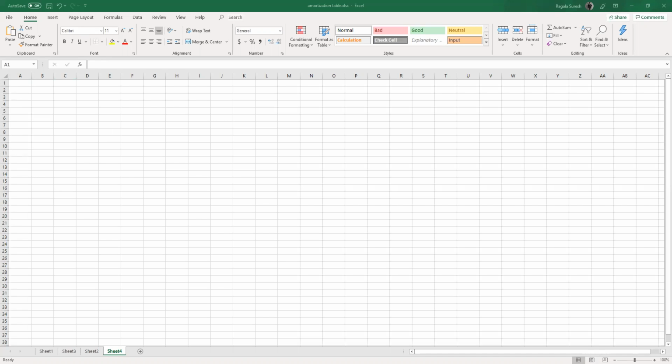The first question which is given in the assignment gives inputs like principal, and for two banks there is a term, 18 years and 15 years at the rate of interest of 9% and 8%.